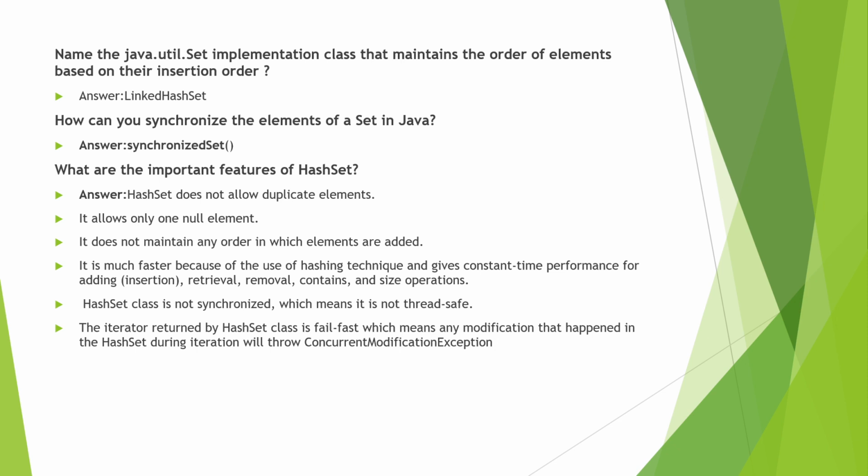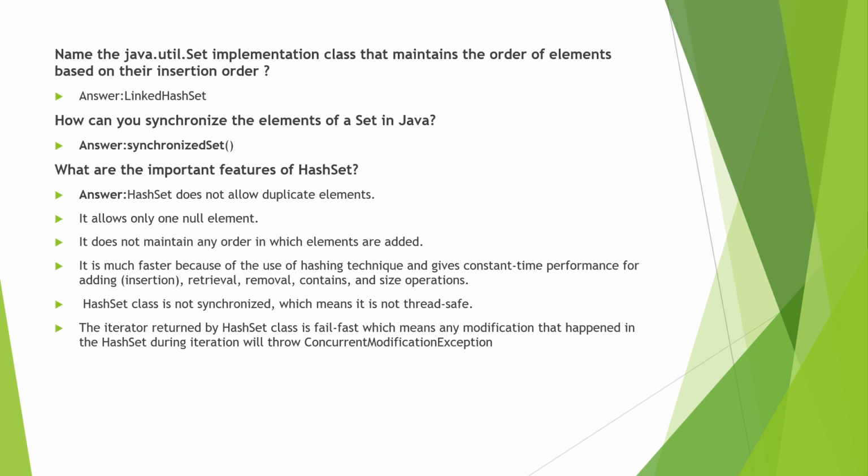When you are writing code and iterating the set, whenever someone adds more elements into the set at that time, it throws ConcurrentModificationException. Fail fast means whenever someone adds elements while we are iterating through the set, it will give ConcurrentModificationException.